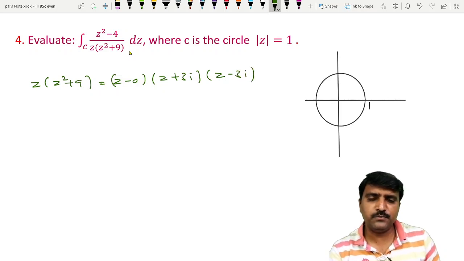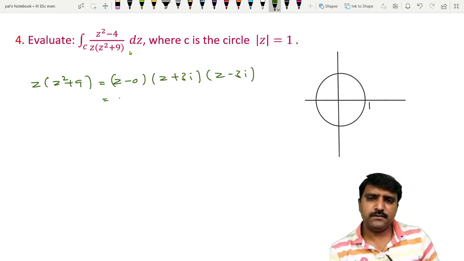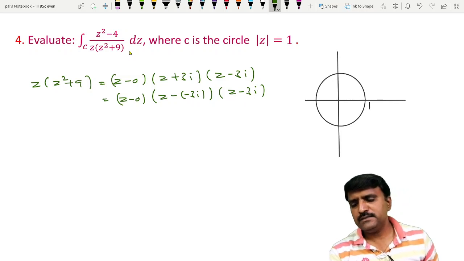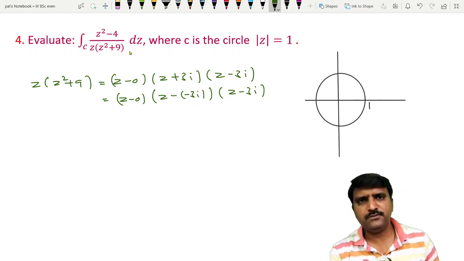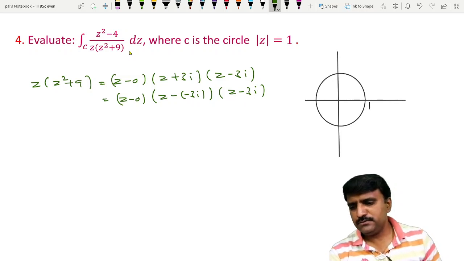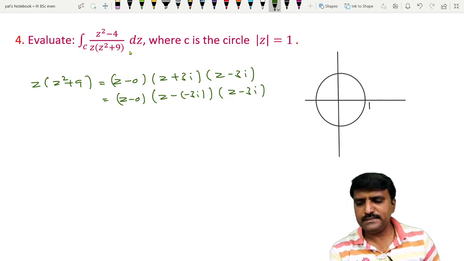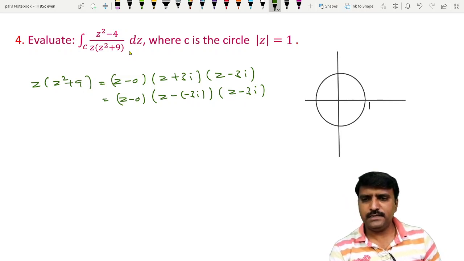These are the points: z is equal to 0, z is equal to minus 3i, z is equal to plus 3i.